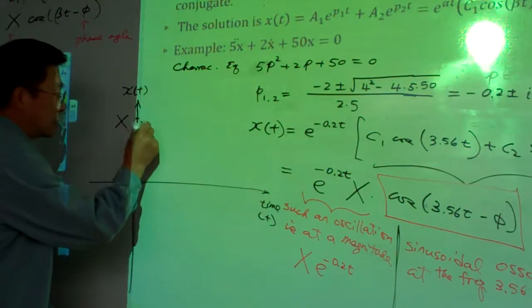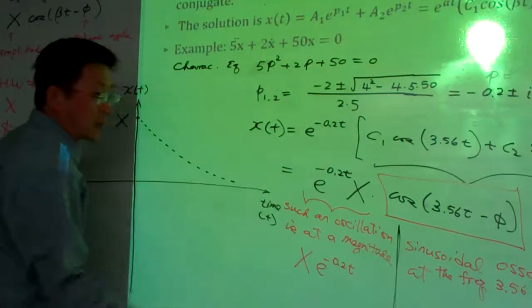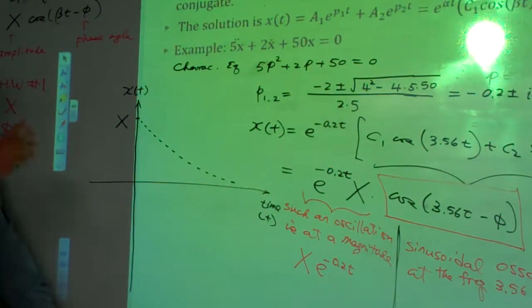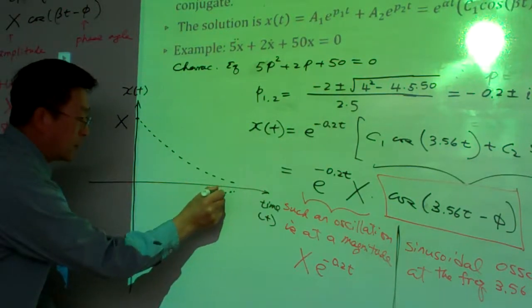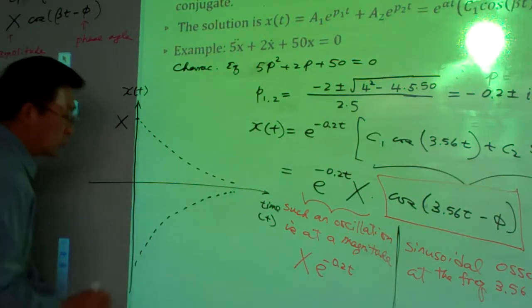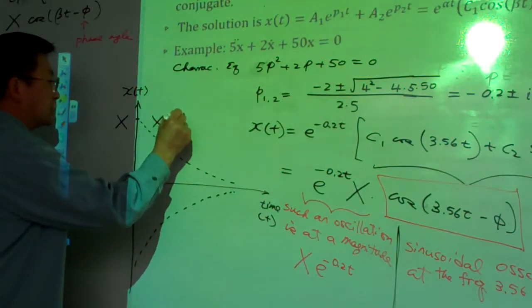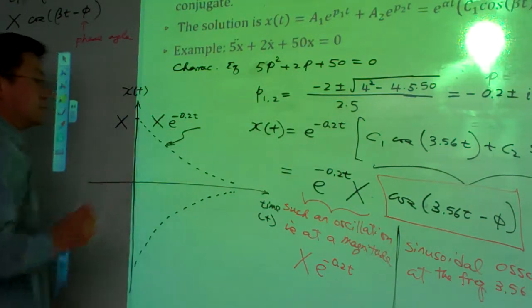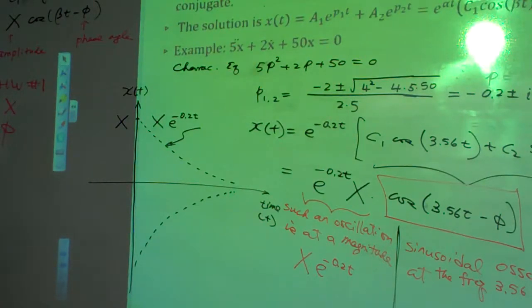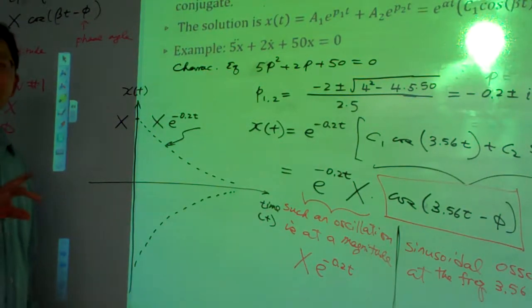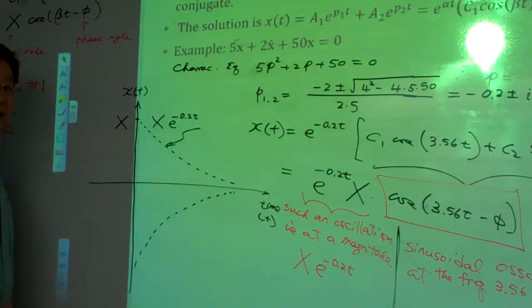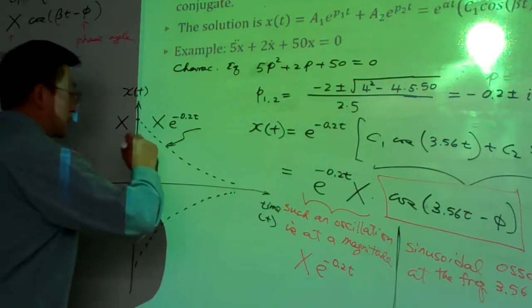So let me use the dashed line to draw the envelope, and that is symmetric to this one. So this is an amplitude X times e to the minus 0.2t, and such oscillations are confined within such an envelope. Let me draw that one. It is something like this.